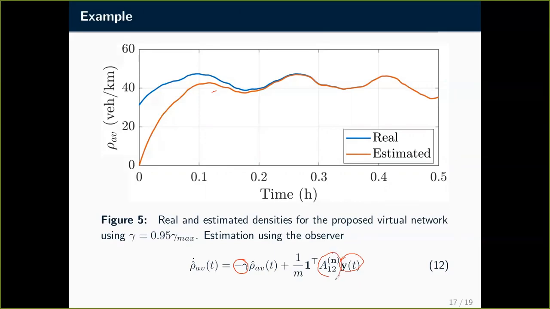This matrix over here will depend on the values of delta, but its dimension will be the same as the dimension of y. So in fact, we do not need to know the entire graph, just the length and the number of partitions, and the size of this estimator is still small, and the calculations can be done offline.